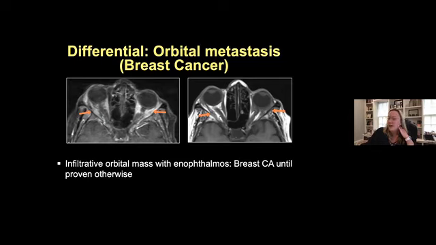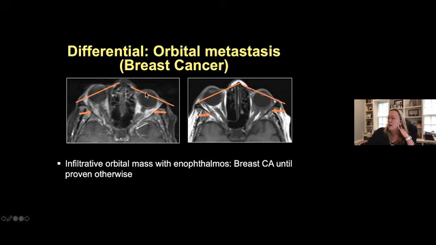Particularly if the patient has an infiltrative orbital mass, again, you can see how it's confirmed on the T1 weighted pre-contrast images, this retrobulbar infiltrative mass. But they also have involvement of the extraocular muscles in the contralateral orbit. In this particular patient with an infiltrative orbital mass, they also have enophthalmos.